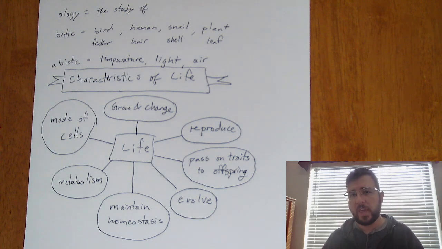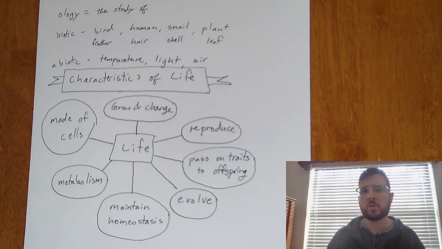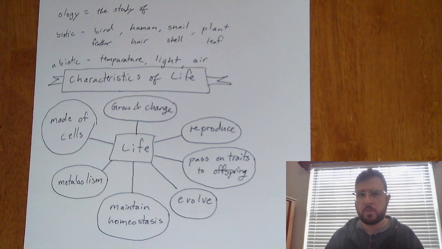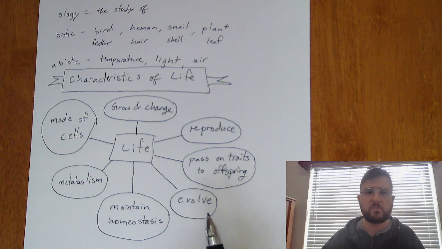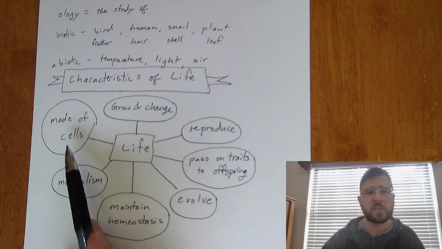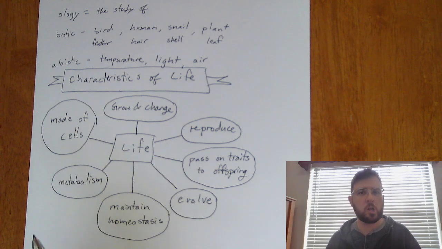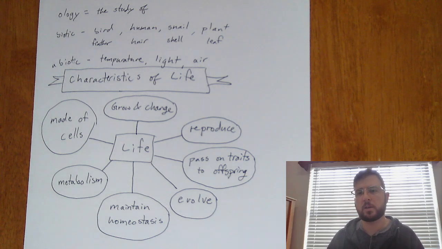When one thing has some of these, but not all of them, I mean, if you look at the sun, for instance, a star, they grow and change, and they do have a metabolism. There is chemical reactions going on inside the sun, but they don't really reproduce, and they don't pass on traits to their offspring. They don't evolve, and they're not made of cells. And so because they don't hit all of those things, we don't consider the sun to be a living organism.